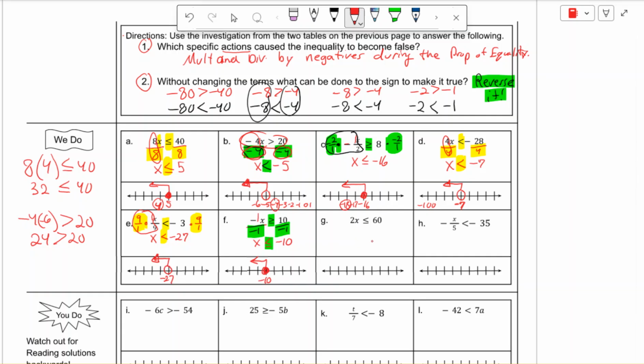And then next to finally, is dividing by 2. That's a 1 right here. X is less than or equal to 30. It's a closed point. X is less than. Again, 7 less thans in a row. All right, let's see if we can break that on this last one.